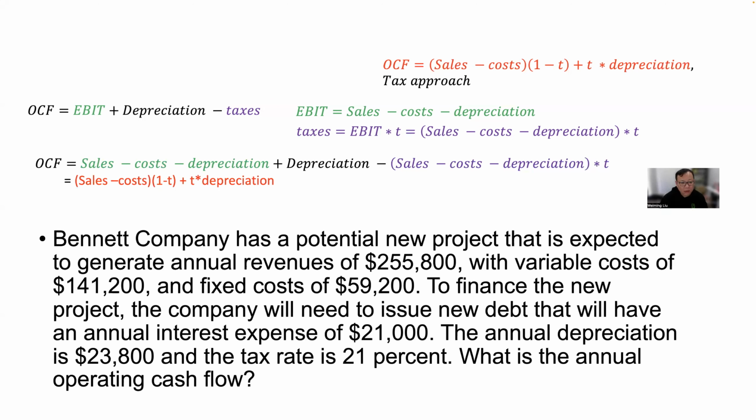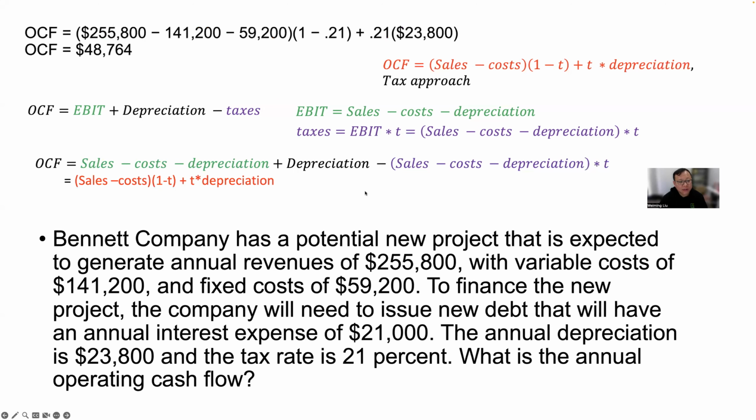Now let's bring all this information in. Sales is 250,800, minus your variable cost, 141,200, and minus your fixed cost.